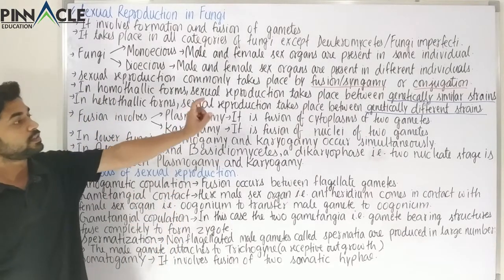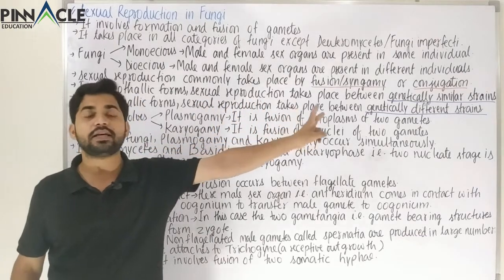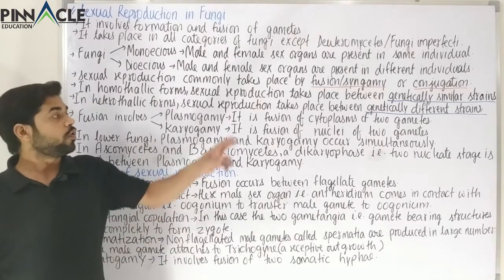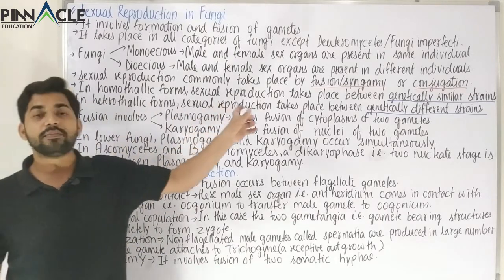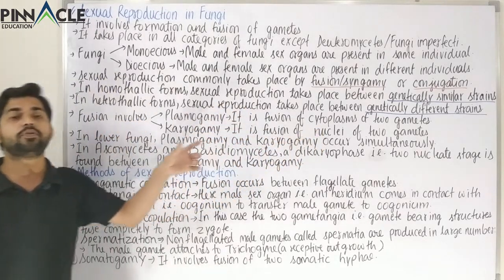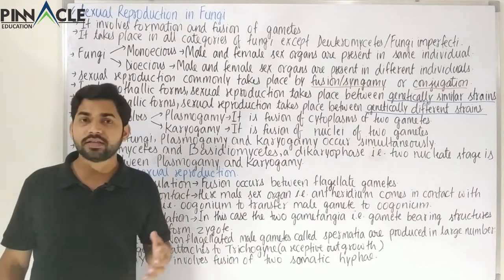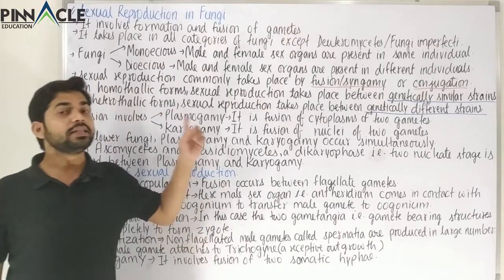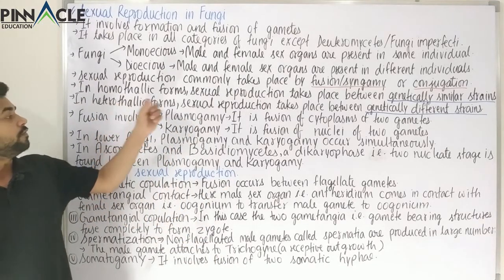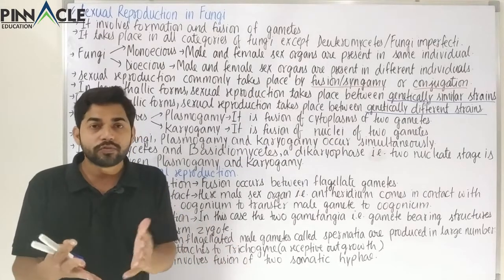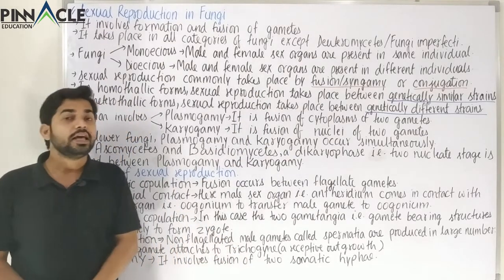So from this genetically similar strain and genetically different strain, we know where the variation will be more. Obviously, when genetically similar strains are involved in reproduction, in the case of the homothallic form, the amount of variation will not be that much. But in the case of heterothallic forms, genetically different strains or different sorts of individuals are participating in reproduction.